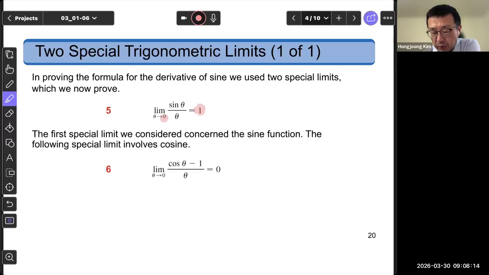And the limit of cosine theta minus 1 over theta is 0. I will prove this formula soon. Previously, as I said, we could derive this using geometry, but let us prove it with some simpler formula. Anyway, you need to remember the results.